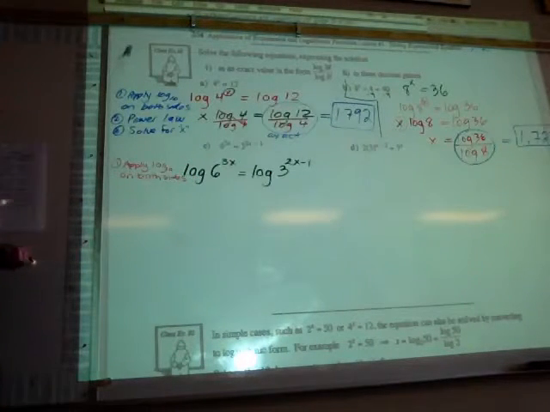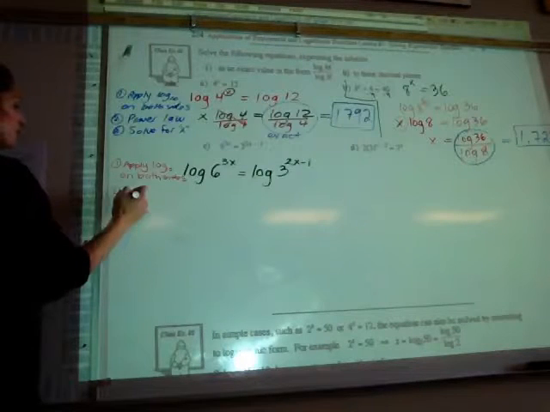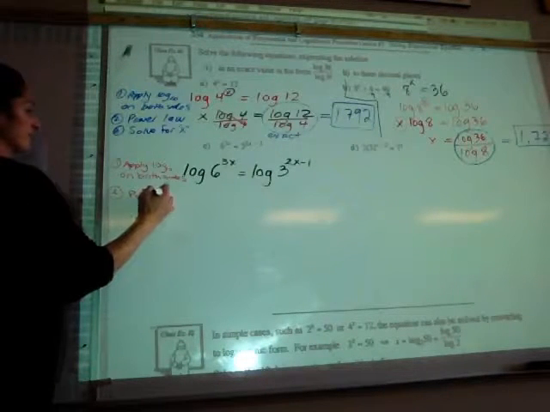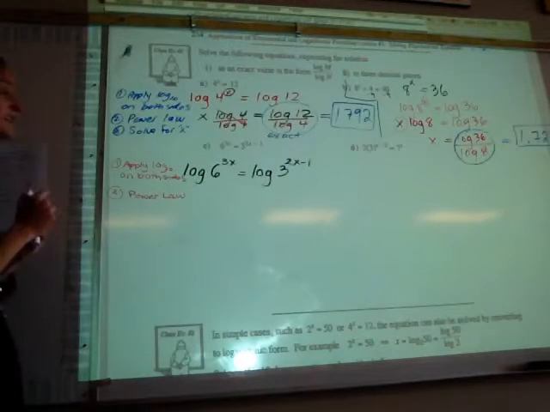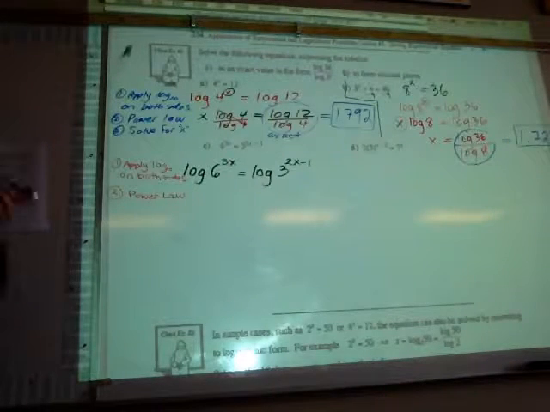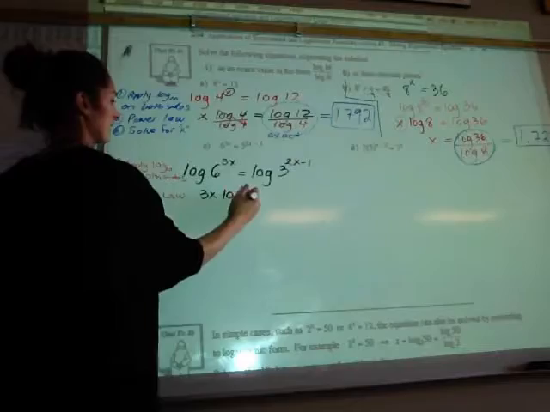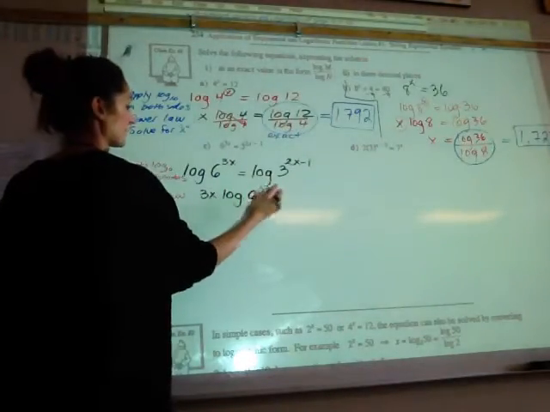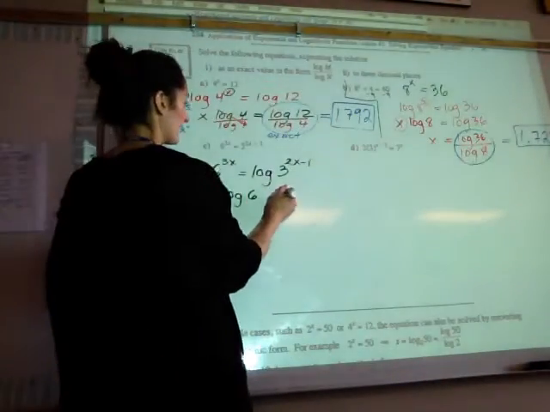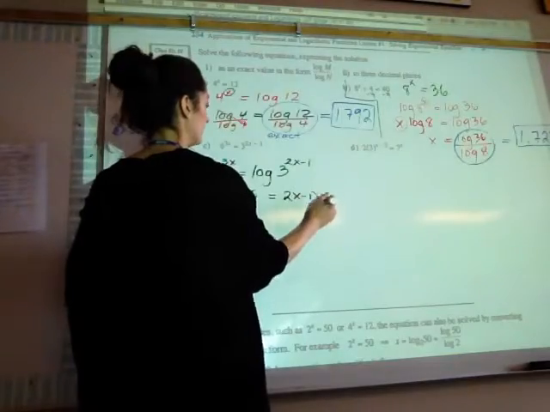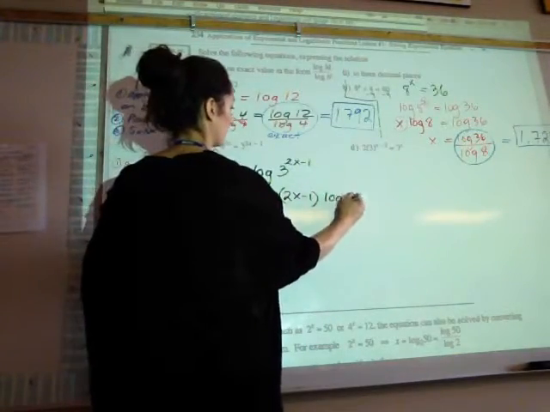So we're going to apply log base 10 on both sides. Step 2, we're going to use the power law. So the exponents will be multiplied as coefficients out front. Now I have 3x multiplied by log 6 equals 2x minus 1 times log 3.